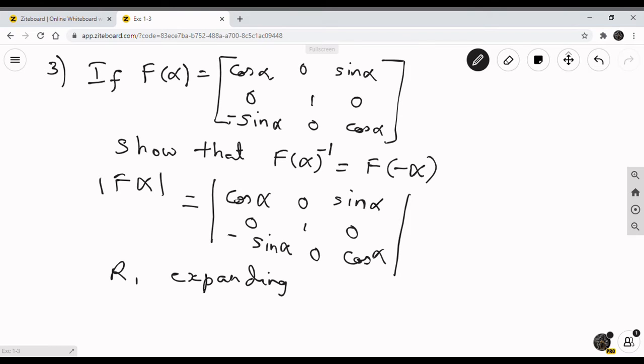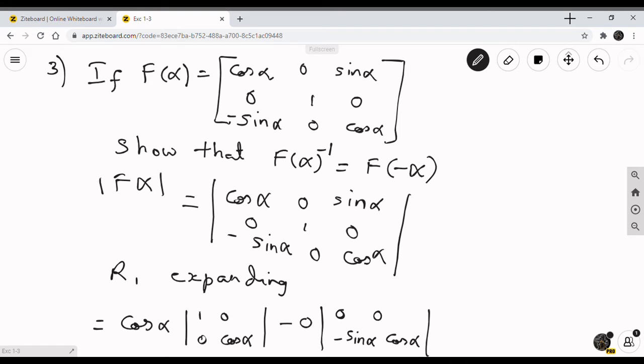Cos alpha into, close that row and column, the remaining numbers you put 1. Next, minus 0, that is the first row, middle element. So close that row and that column. So the remaining elements, the last element, sin alpha.